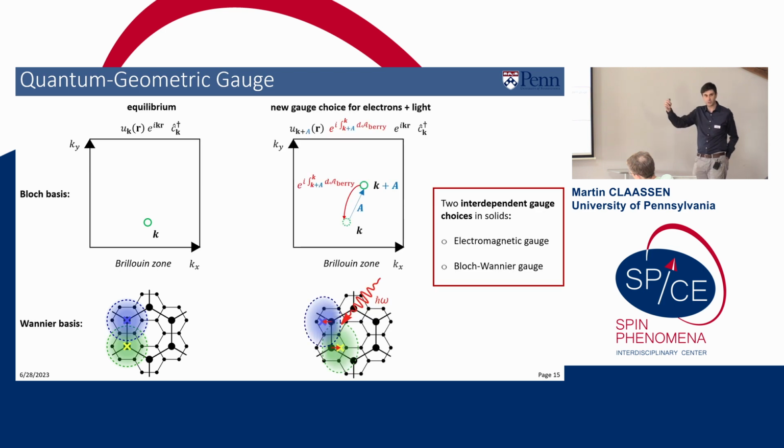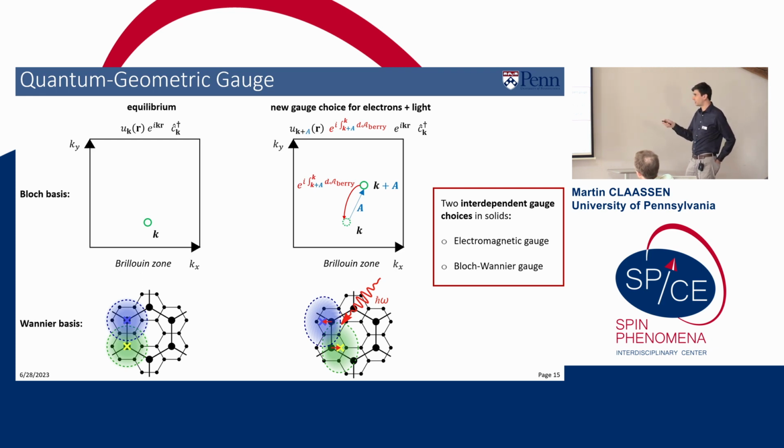This modification to cancel the spurious off-resonant processes actually amounts to not working with the gauge-dependent Bloch state at momentum k, but the gauge-independent Bloch state at momentum k shifted by the magnetic vector potential. This is a velocity gauge without loss of generality. And then parallel transported back to the gauge-dependent momentum using the non-abelian Berry connections of the bands of interest.